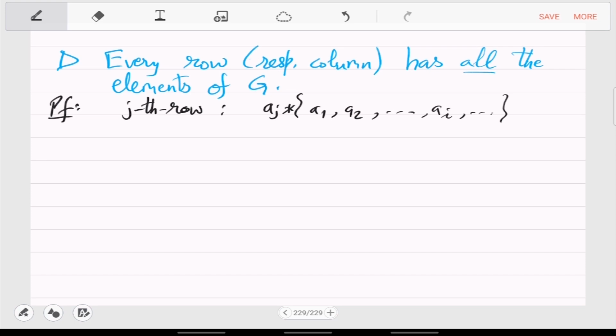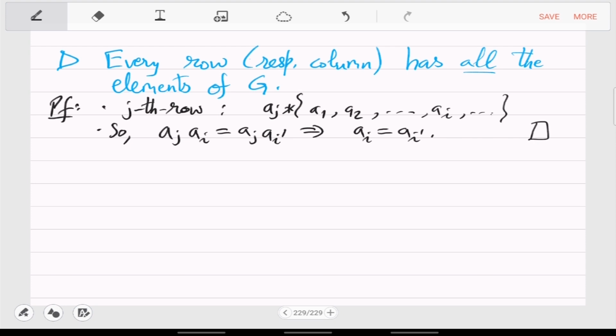If two elements are equal, then it would mean that AJ AI is equal to AJ AI prime, but then AJ has an inverse, so which will mean that AI and AI prime are same. So every row is a permutation, every column is a permutation.